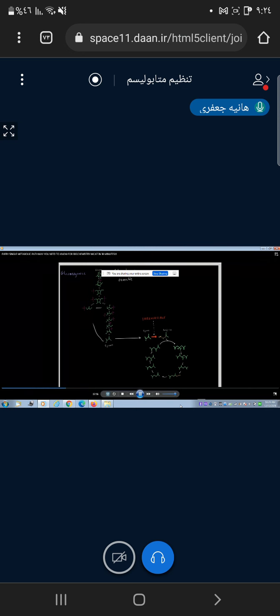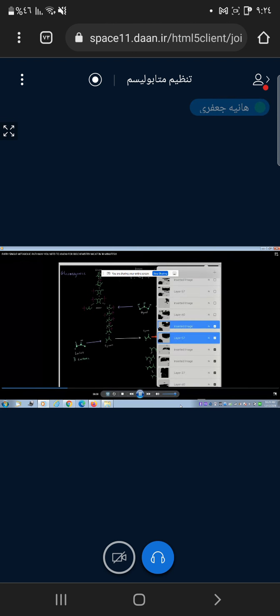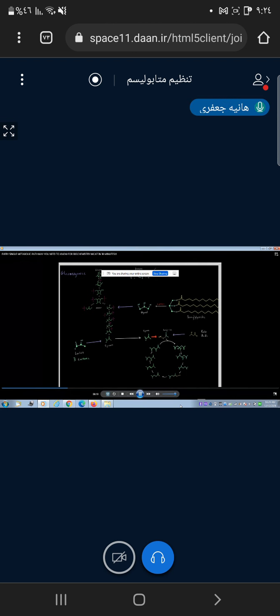When we go in this reverse direction, it's referred to as gluconeogenesis, the genesis of new glucose molecules, where we create new glucose molecules. In certain contexts, we need to go in this reverse direction to form new glucose molecules.